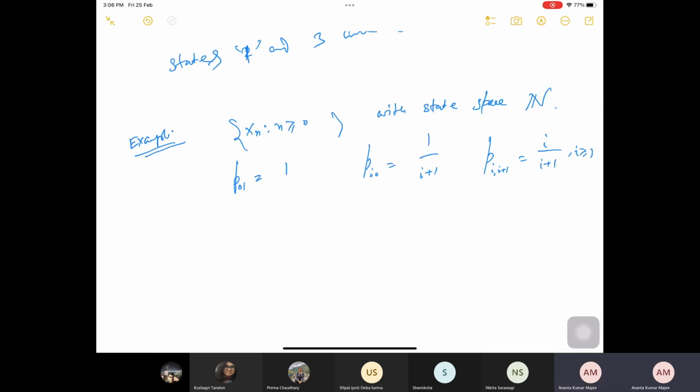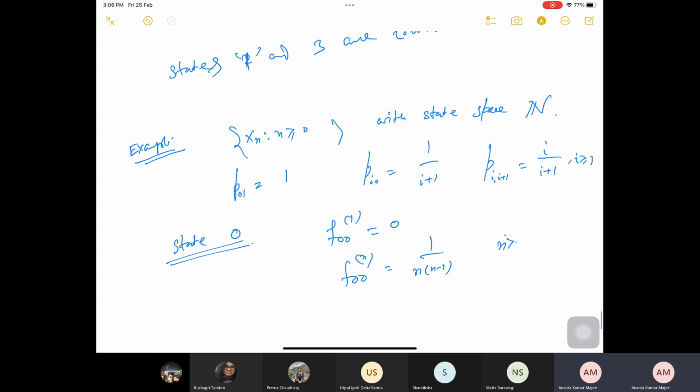Now consider state 0. My claim is state 0 is a null recurrent state. First you have to show whether it is recurrent or not. Check that f of 0 0 of 1 is exactly 0, and f of 0 0 of n is 1 by n into n minus 1 for any n greater or equal to 2.